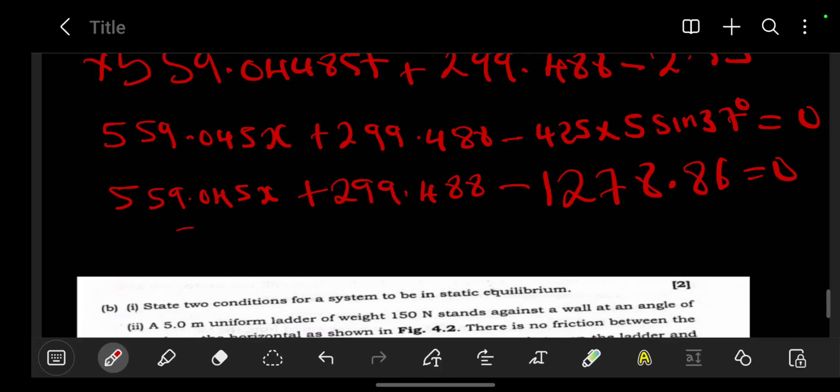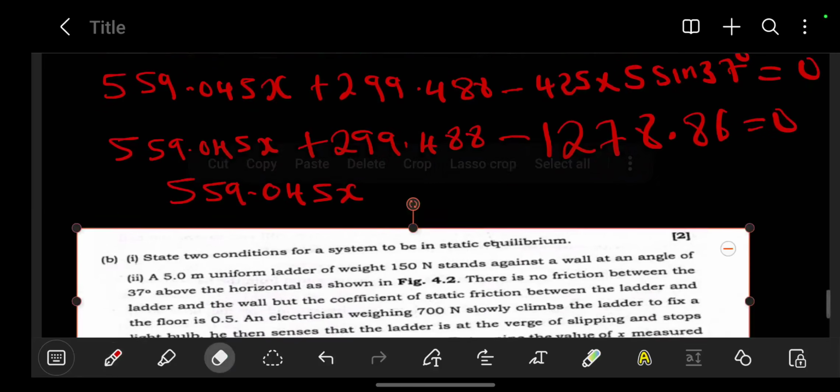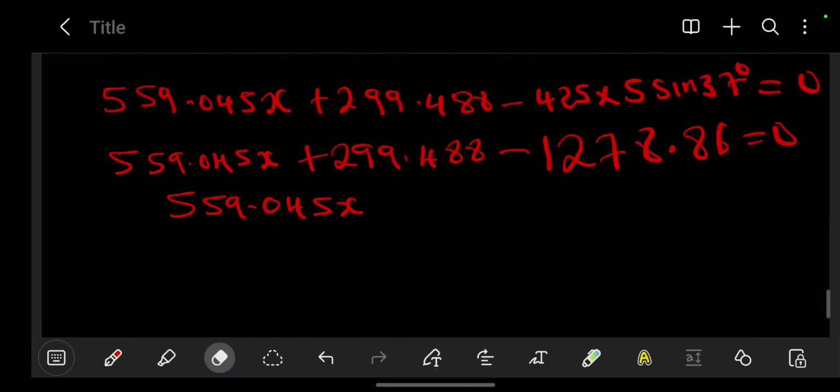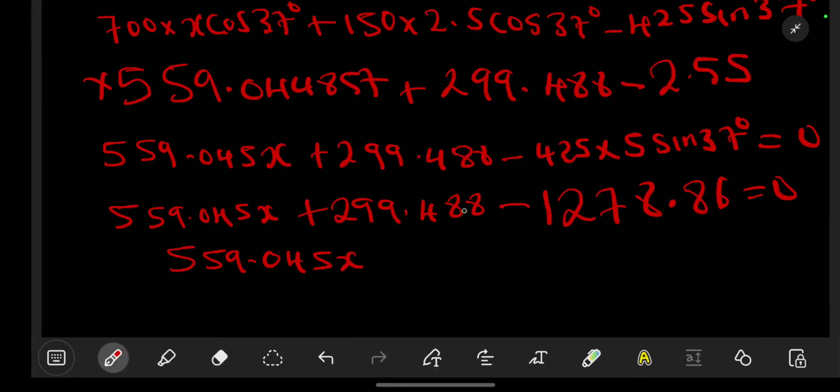So we are going to get 559.045 x should be equal to, before that, let's work out this. 299.488 minus that value, we are going to get a value of minus 979.372, which should be equal to 0.